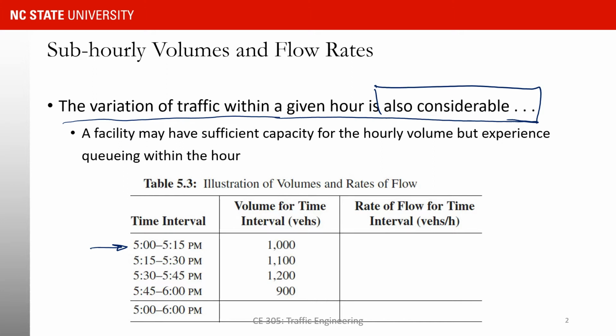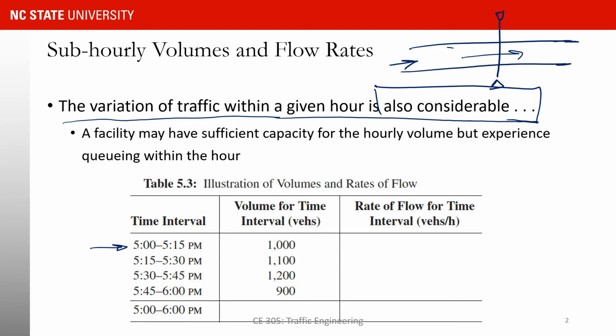And to make it a little bit easier, let's say this is what we have. So we have a freeway and we are looking at this point that I have here and we are counting the number of vehicles, or we are observing vehicles. So between 5 to 5:15 we are going to have 1,000 vehicles that want to go through this point.